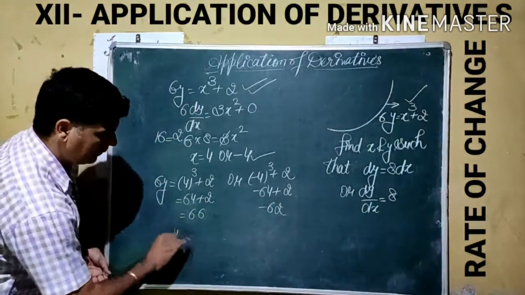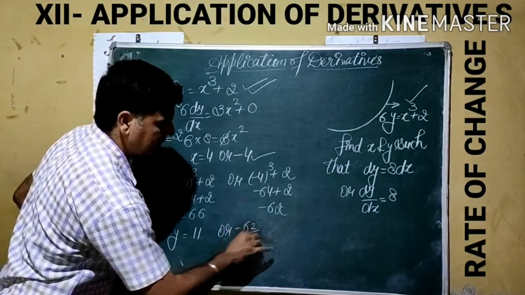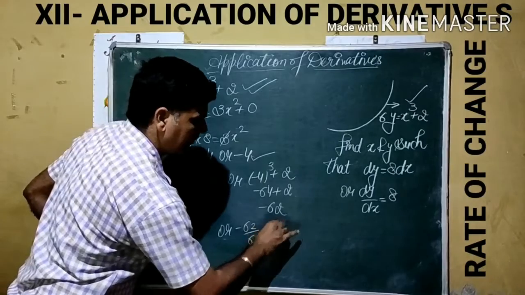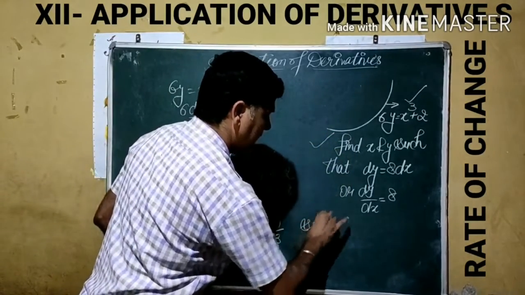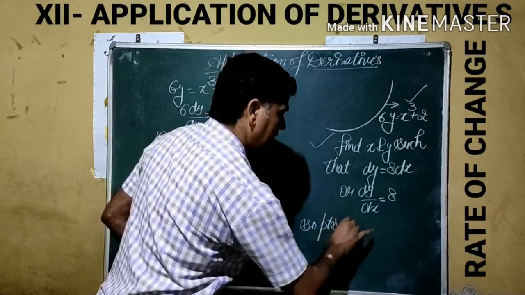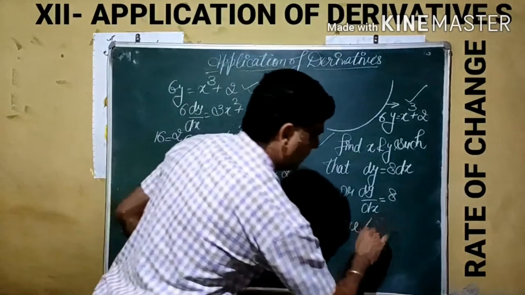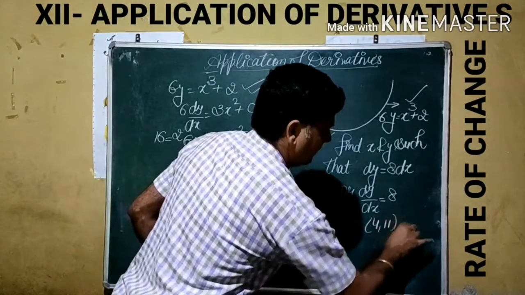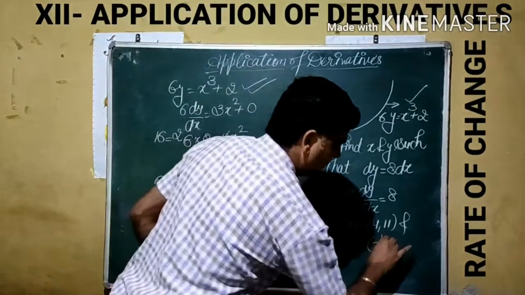So the value of y becomes either 11, otherwise minus 62 by 6, means minus 31 by 3. Our question is to find the points. So the first point is 4 with 11, and the second one is minus 4 with minus 31 by 3.